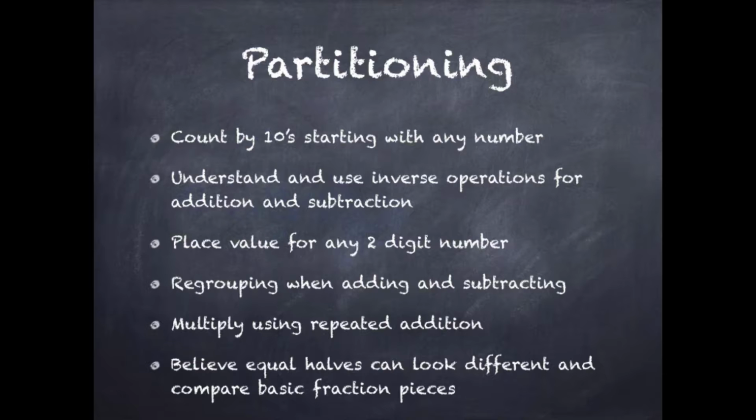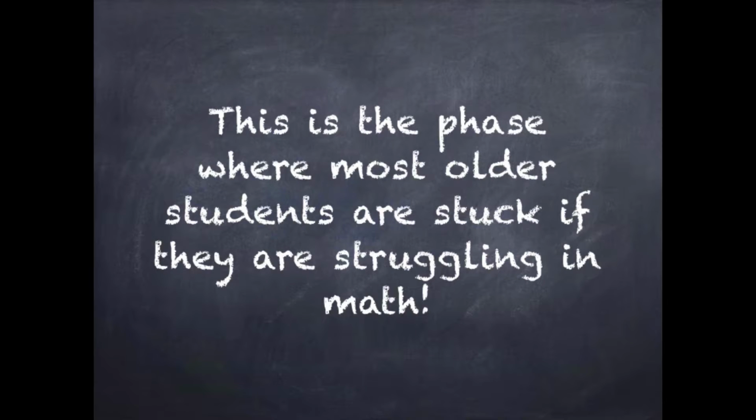Even though it's developmental, it doesn't come to them magically. So they have to have some good experiences. They can understand equal halves looking differently in 2nd grade, but usually in 3rd grade we have to have some really good experiences with that because they didn't have so much exposure in 2nd grade. So that's the partitioning phase.